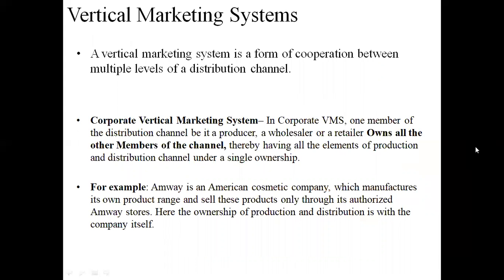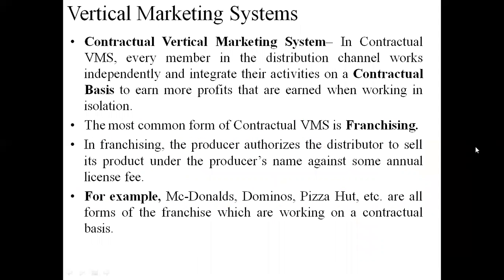Under corporate vertical marketing system, we have seen that one member, wholesaler or retailer, has control over the other members of the channel, like the Amway example I have given you. Next is the contractual vertical marketing system, in which all the channel partners work independently, and the activities are based on a contract, like franchisees we have learned.